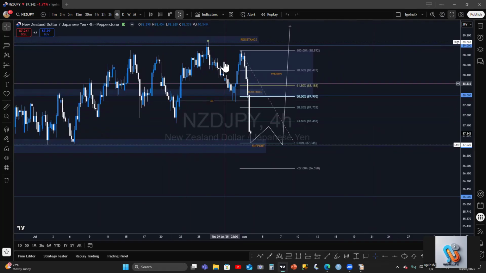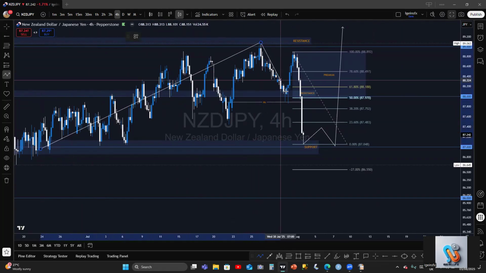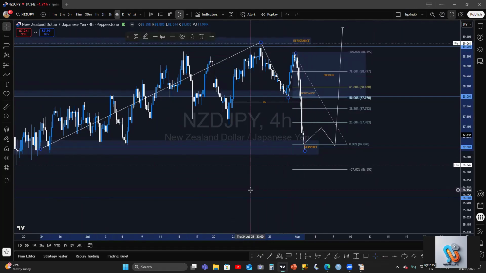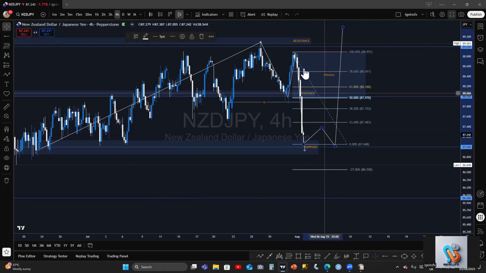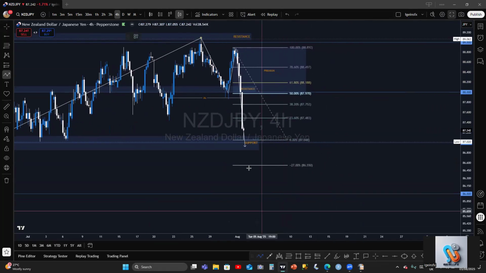Because it has given us a market shift, a trend shifting from a bullish trend to a bearish trend. So the only way now that we can look for a buying opportunity is for price to give us a market shift again.